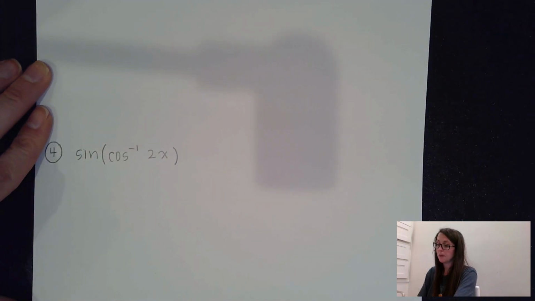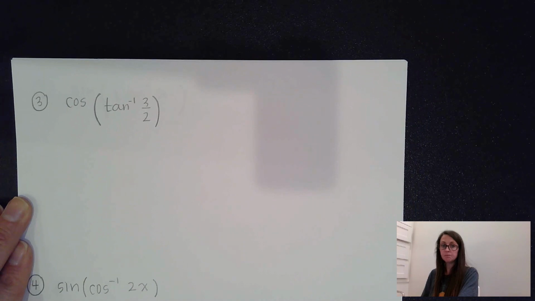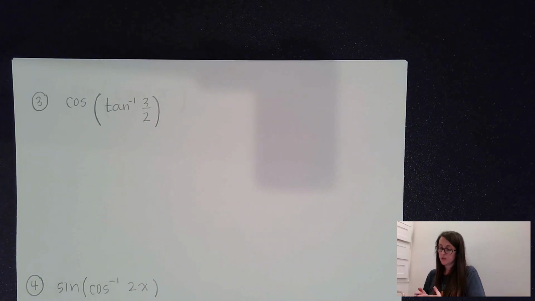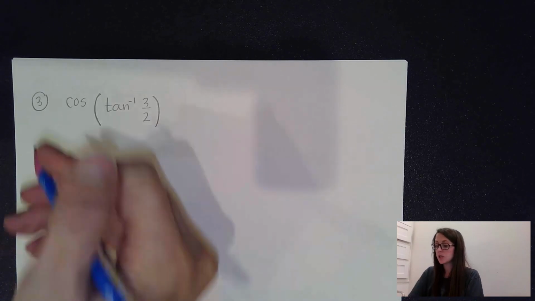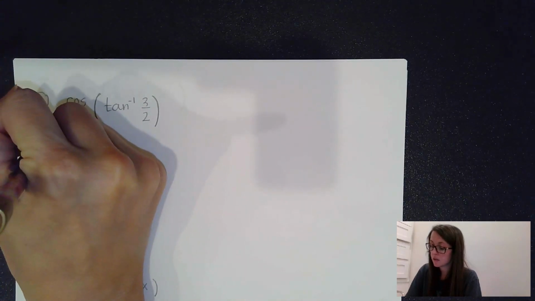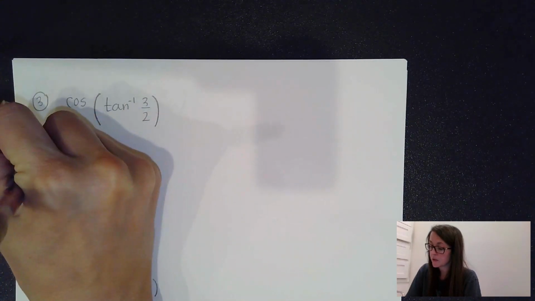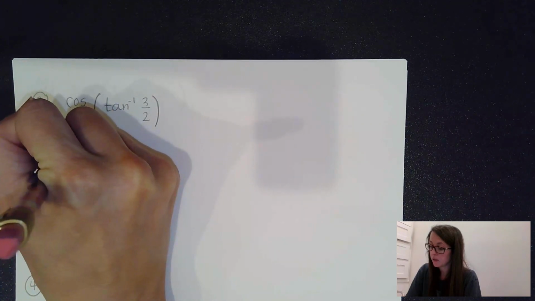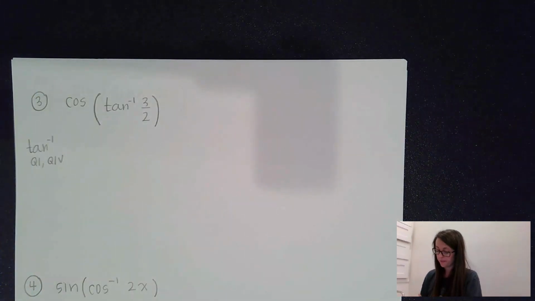All right, y'all do number 3 for me. So it's cosine of tangent inverse, so inverse tangent of 3 over 2. Okay, so inverse tangent lives in quadrant 1 and quadrant 4, right?